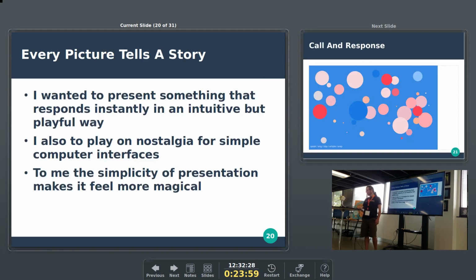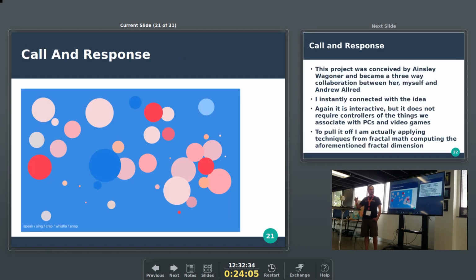So the next one was actually a project that Ainsley Wagner conceived of here, Call and Response, I mentioned earlier. So this was her idea, and she came to me and Andrew, and I thought it was just amazing, and kind of instantly connected with it, and it had a lot of those same properties of the Every Picture Tells a Story.